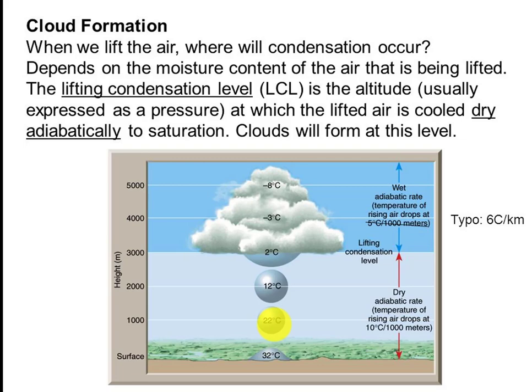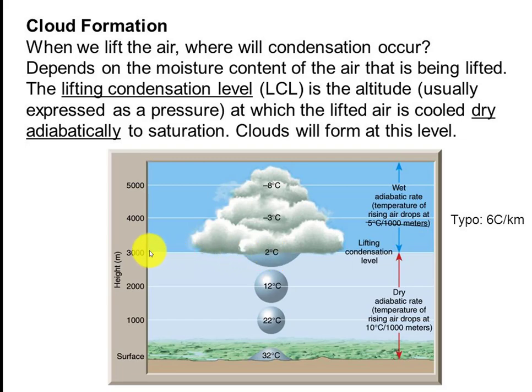So that's a 10 degrees Celsius change. If we go another 1,000 meters in height, we have another 10 degree change, and we go from 22 degrees Celsius to 12 degrees Celsius. Going up another 1,000 meters, we have another 10 degree change from 12 degrees Celsius to 2 degrees Celsius.